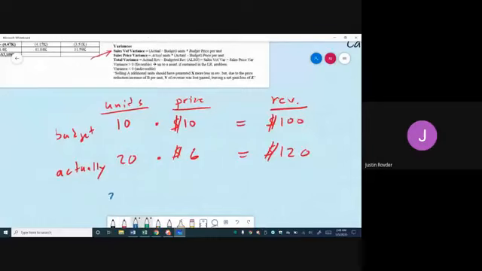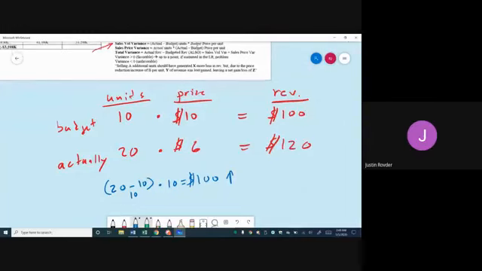So 20 minus the budgeted units of 10 equals 10 units, multiplied by the budgeted price, which is 10. And that's saying that based off of an increased number of units, you're expecting to sell $100 more in revenue. Because that's positive, it means you're selling $100 more than you expected.